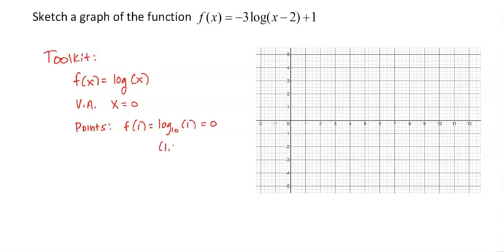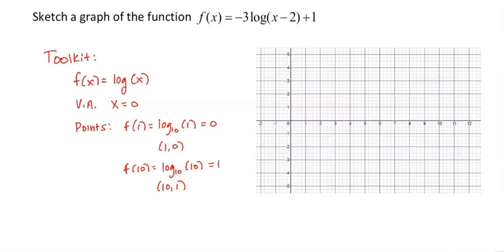So that's the point (1, 0). If we think about another point that would be easy to evaluate, f of 10, log base 10 of 10 is equal to 1. So the point (10, 1).